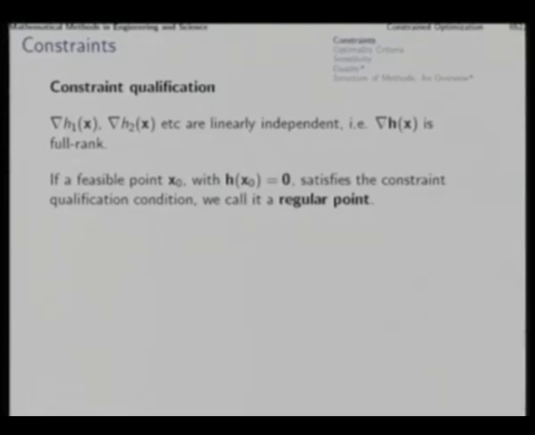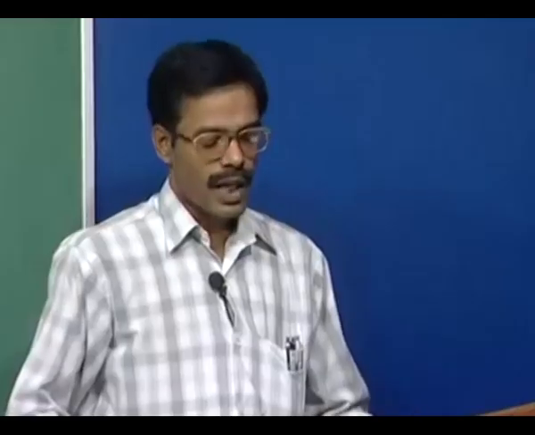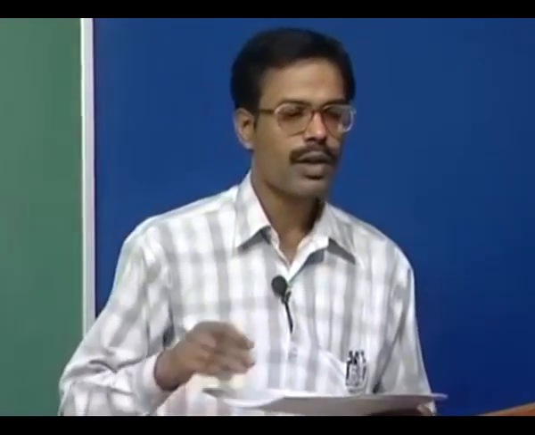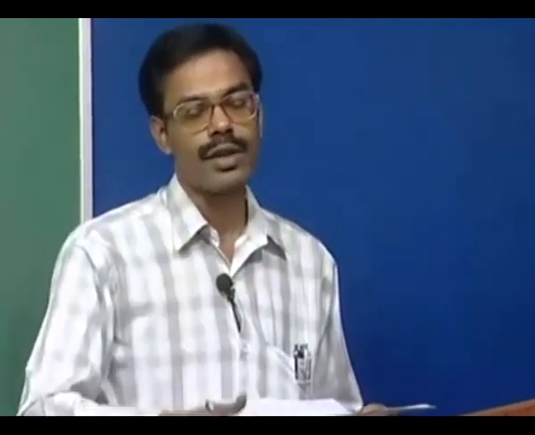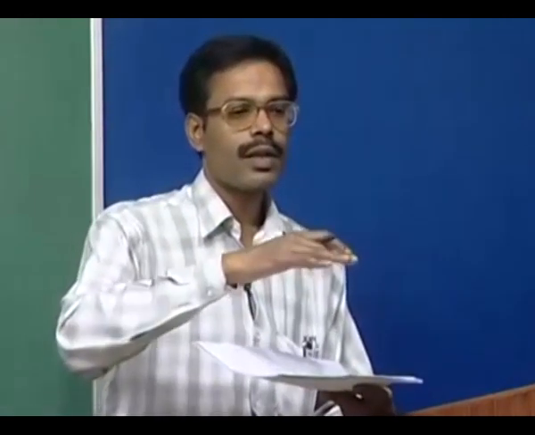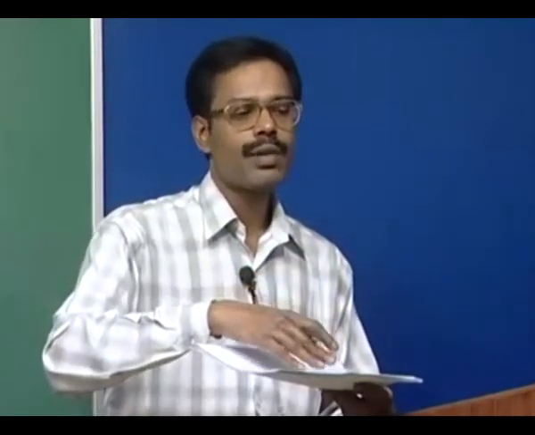The idea of naming it the constraint qualification condition is that if at a particular point there are two constraints, but both of them have the same gradient or gradients in the same direction, then that will mean that the tangent plane that is allowed by one of them is exactly the same as what is allowed by the other.